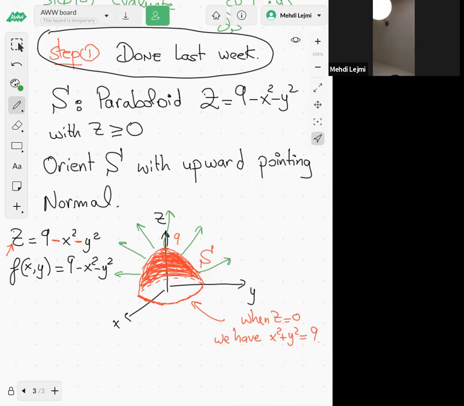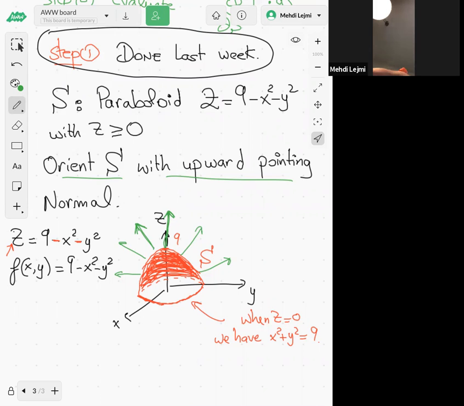That would be the other possible orientation for this surface S. But in this case, we need to orient S with the upward pointing normal, so it will be in this direction. So that's the orientation of my surface S.